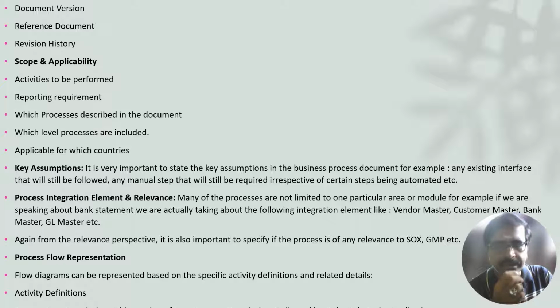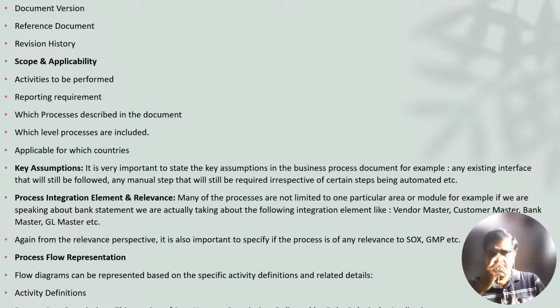Based on the region, Brazil will have a different taxation, China will have a golden tax. So we have different templates available for a particular country, or some processes will be globally accepted. You need to plan whether the particular change to be executed is applicable as local or global. If it is applicable to all countries, then it is global. If it is particular to a country, then it is local. Okay, that is important. So you need to document everything.